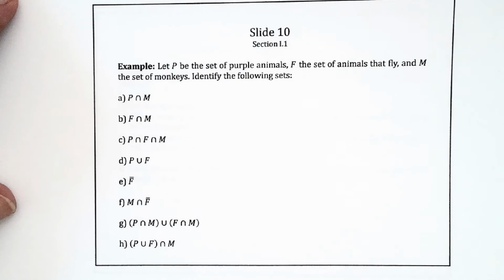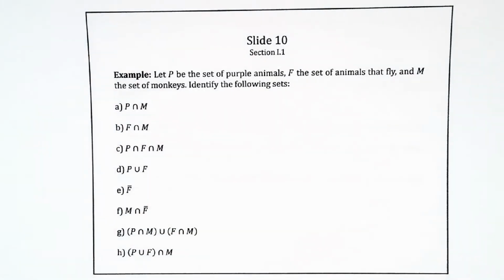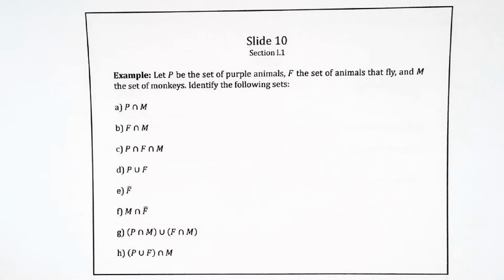So we're going to try to identify the following sets. This was something I ordinarily like to do with the class, where the class answers before I write them down, and we have a discussion about each. I can't really do that right now, but I would encourage you to pause right now and see how many of these you can figure out. Write them down somewhere, and then check yourself by continuing with the video.